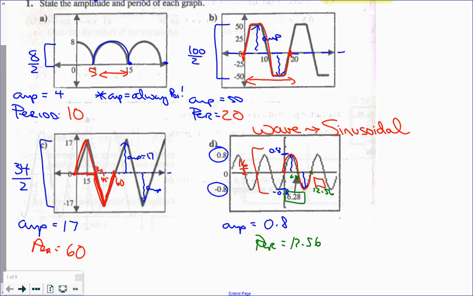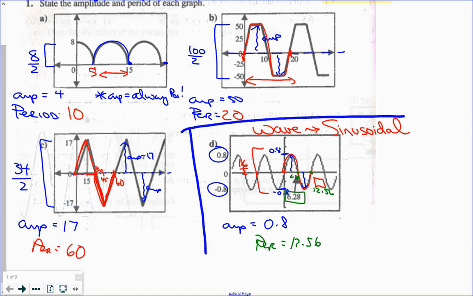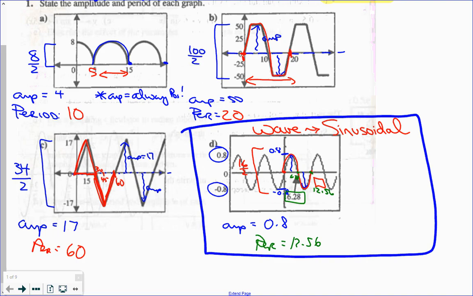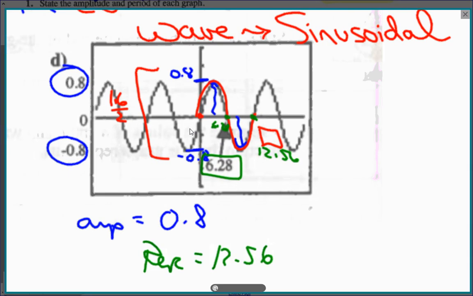I just went 6.28 plus 6.28, or 6.28 times 2, because halfway is 6.28, so the total distance has to be 12.56. Okay, so the halfway is at 6.28, so the total distance then is 12.56.